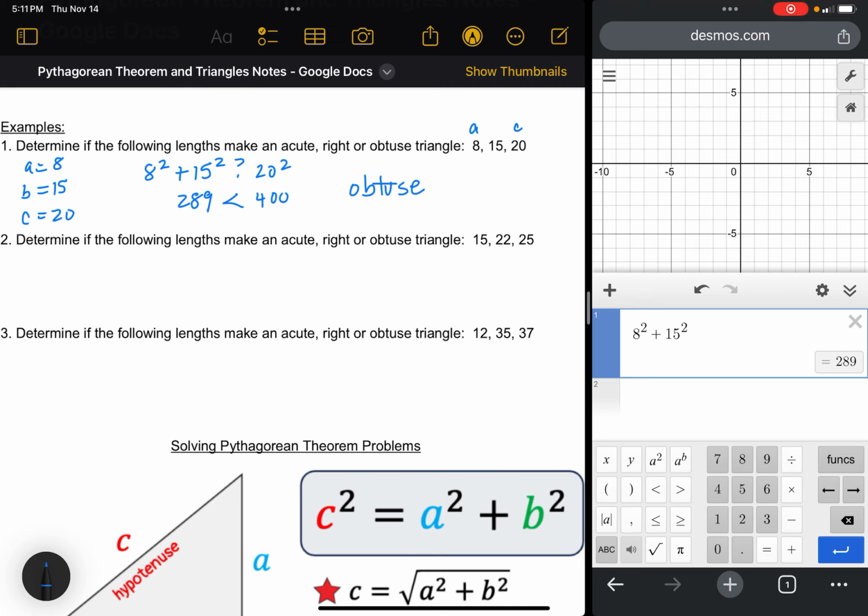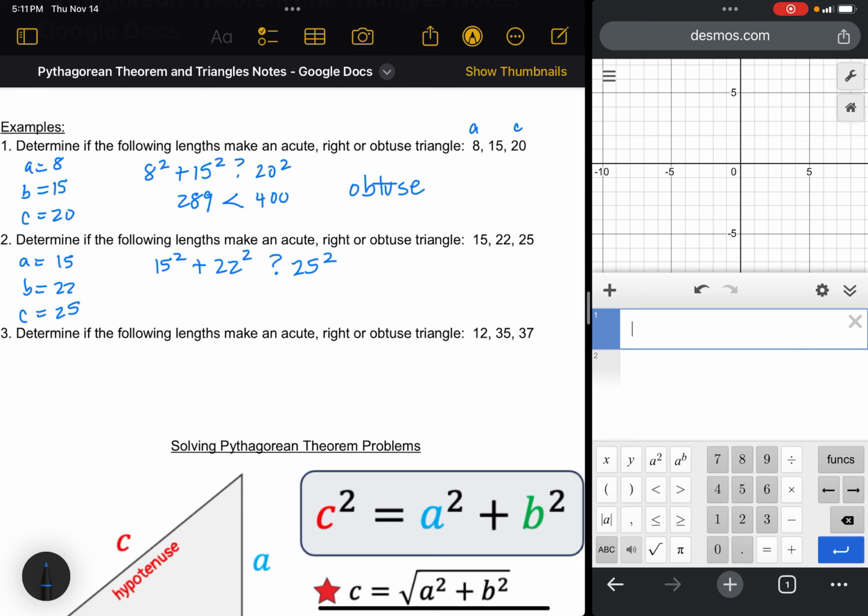There we go. Same process. So A squared, A, B, C. So I have 15, 22, and 25. So I have 15 squared plus 22 squared. We don't know how that relates to 25 squared.